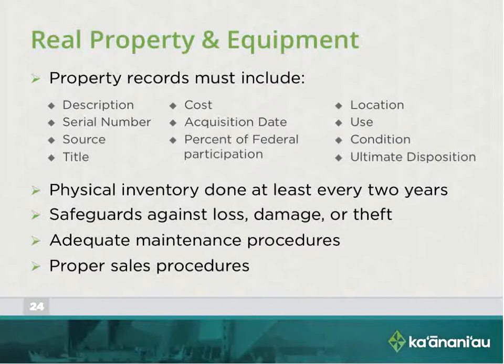In most cases it's 100%. But maybe it's a Department of Transportation grant where the agency had to pay 20%, then it would be 80%. Of course, the location, even if it's at your facility, the use, always update the condition on it, and then the ultimate disposition of it.